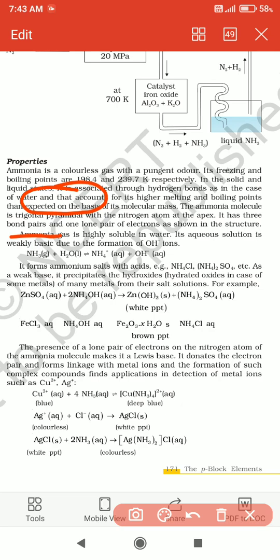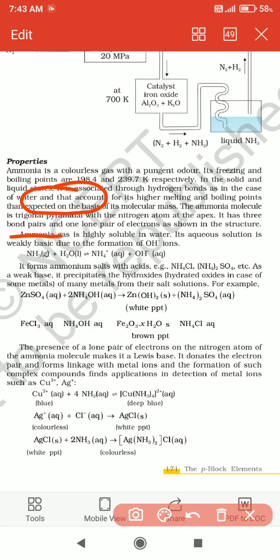It also forms ammonium salts with acids, like ammonium chloride and ammonium sulfate, and other salts as well.